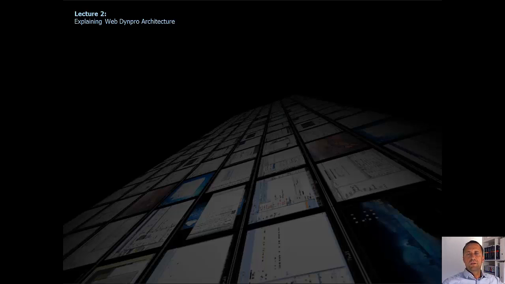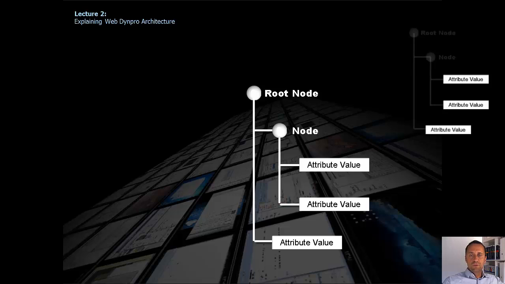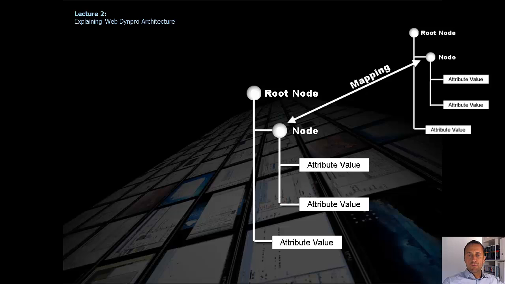Now let me explain something about the context. The context in Dynpro is a hierarchical data storage. It's used to store data related to the user interface. The data needs to be transported between the controllers, and this can be established with mapping.